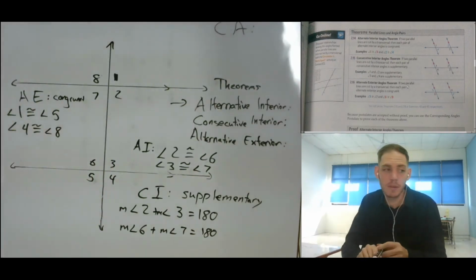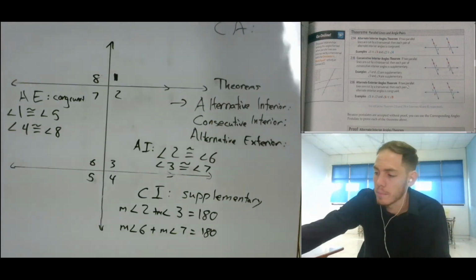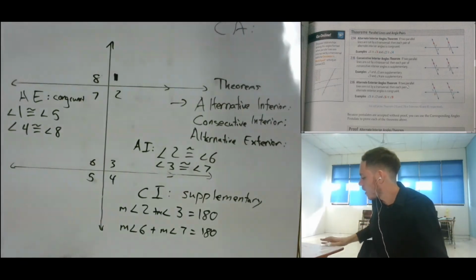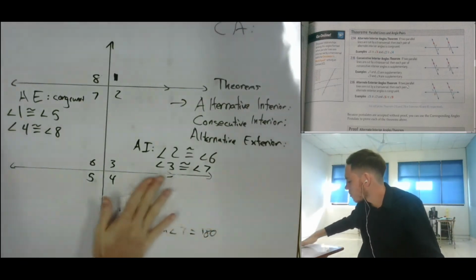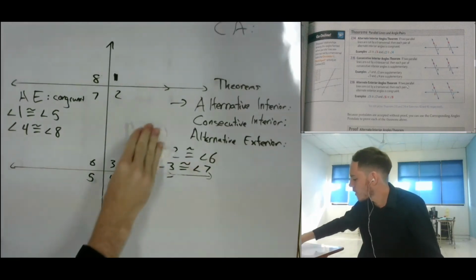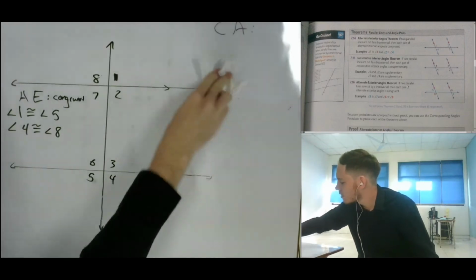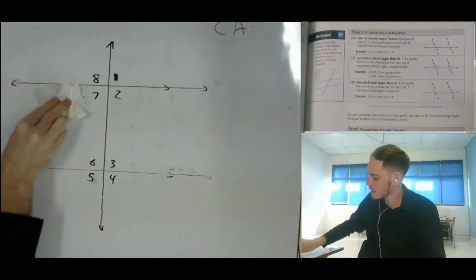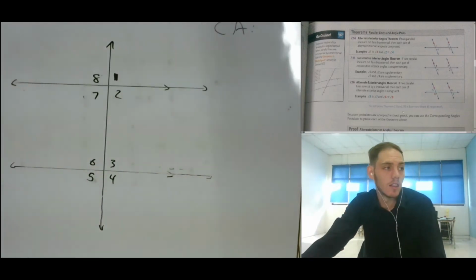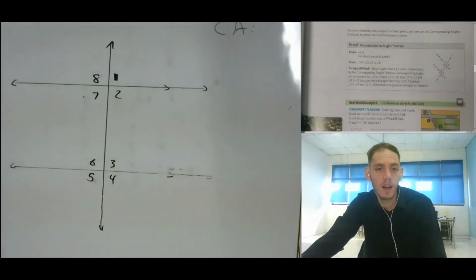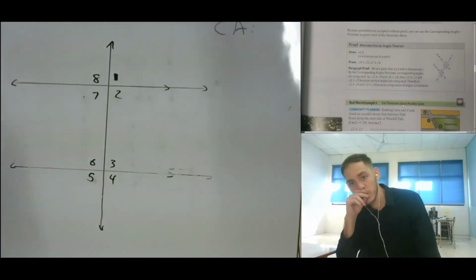There is proof for them in the book. We will come back to those. We'll come back to the proof in a minute. I would prefer to go on to the next theorem. Okay? So the proof is here. It's a paragraph proof.